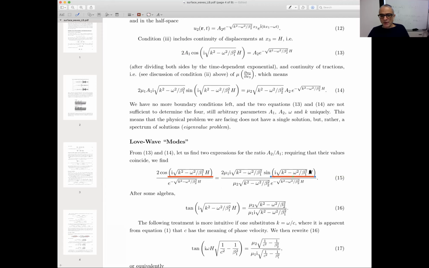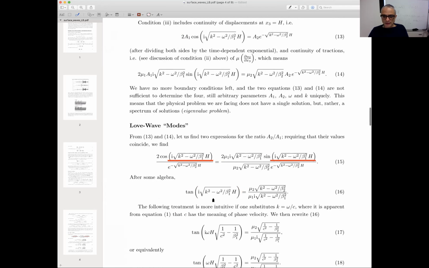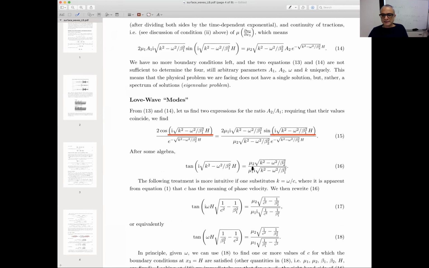So if you take the ratio of the two sides of this equation, if you divide both sides by the cosine, you get the tangent. The ratio of sine to cosine is tangent. And then if you do the algebra, this will leave you this expression on the right-hand side. So this equation starts to look like something that one can solve with a calculator or with some tables for the tangent or whatever.